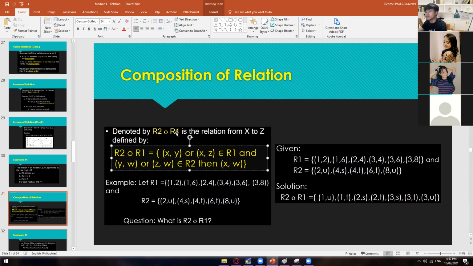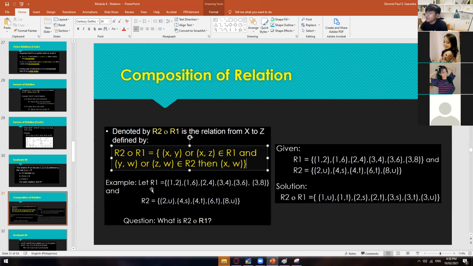So in here, you're actually going to form a new relation. Okay. So two relations, which is you're going to compare the R2 or R1, and then you're going to form another relation, or let's say R3, wherein we have this (x, w).